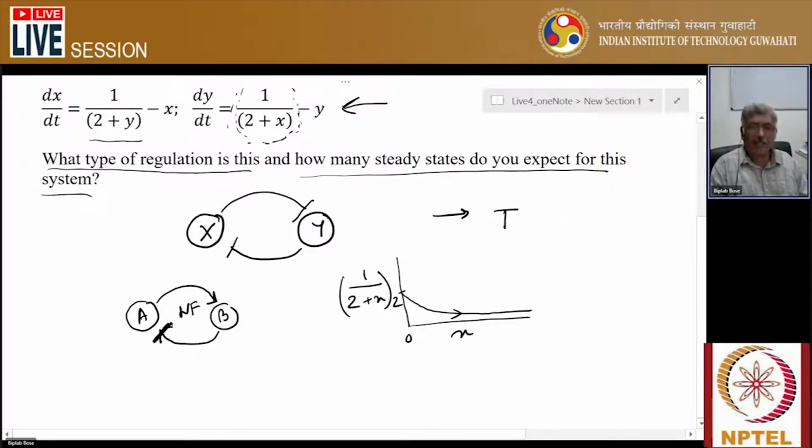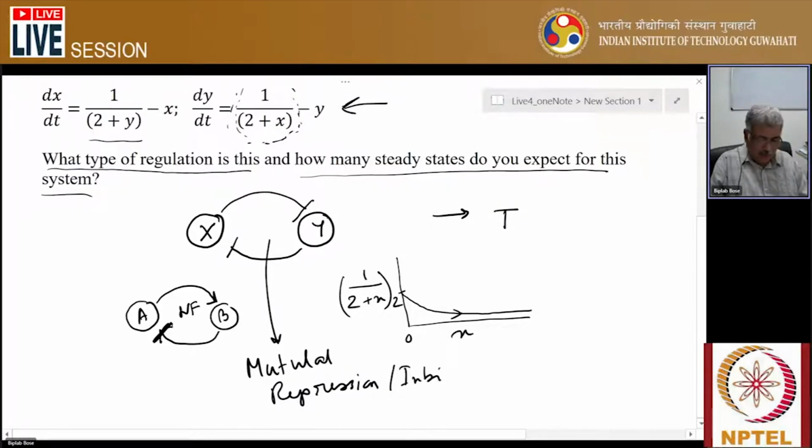The one where x inhibits y and y inhibits x is not negative feedback. This is mutual repression or inhibition, right? And in fact, this will work as a positive feedback.